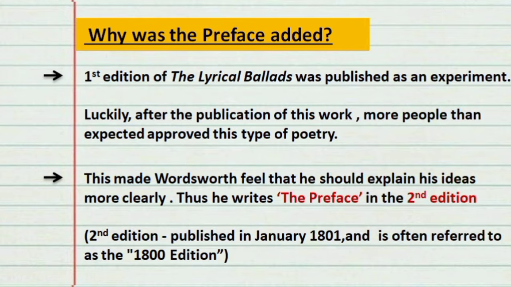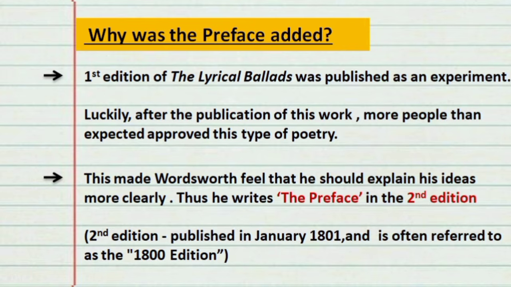He says, when Lyrical Ballads was published, the first edition was published, Wordsworth and Coleridge were only experimenting with this new style of poetry. This first edition was published as an experiment to see how the readers would receive these poems.